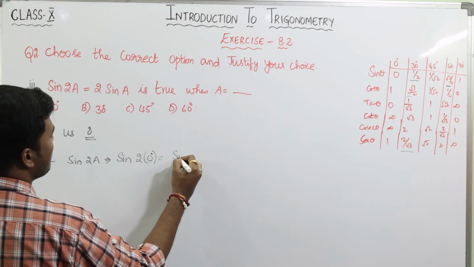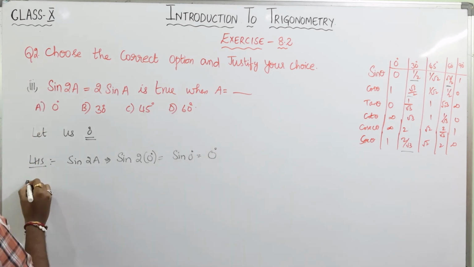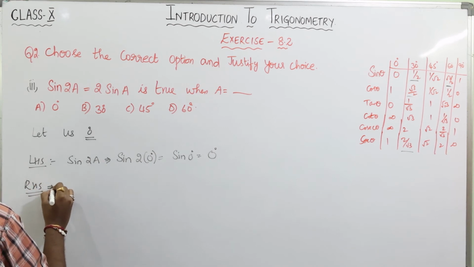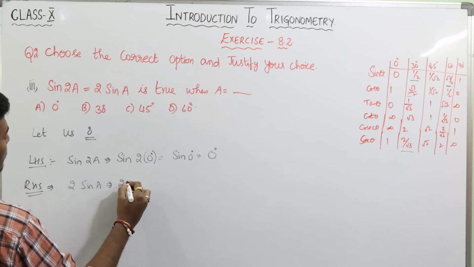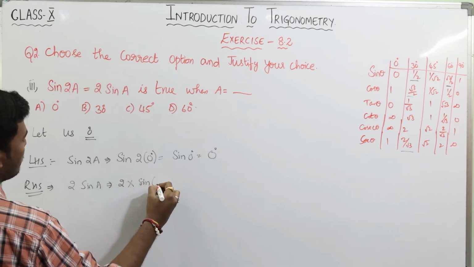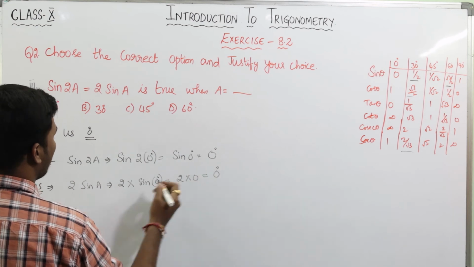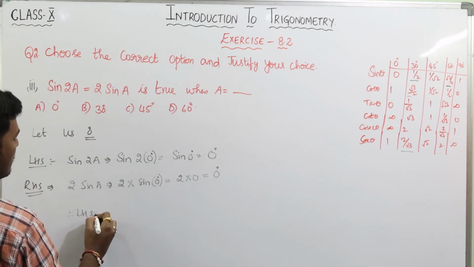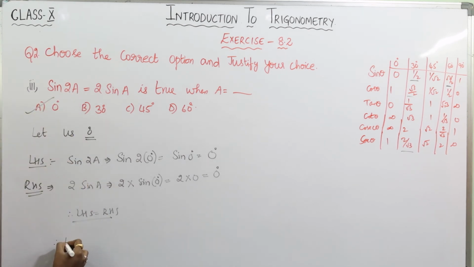That is sine 0 degrees, which is equals to 0, right? Now your RHS is 2 sine a, that is 2 into sine 0 degrees, again 2 into 0, which is again 0. So therefore LHS is equals to RHS. So directly you can go, option A is correct.